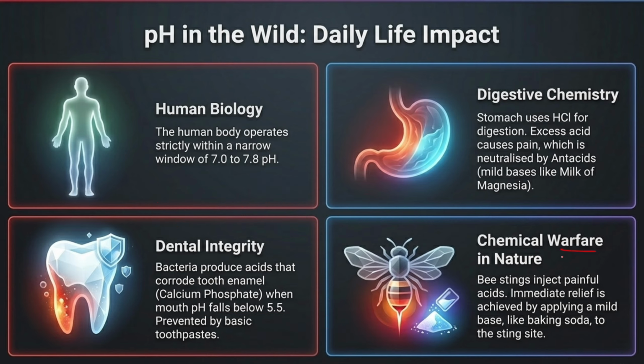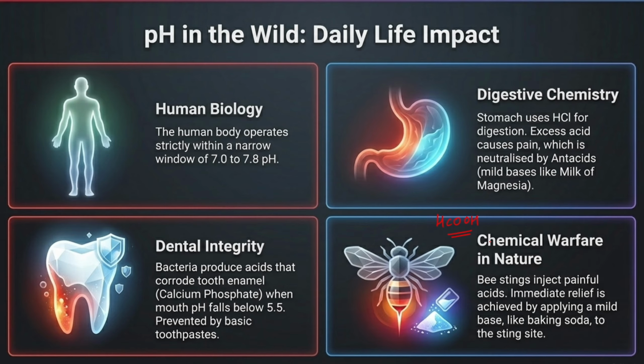And in this chemical warfare, we have nettle sting and bee sting. A bee sting injects a very harmful acid called methanoic acid, that we discussed in the first two slides, I think. It releases methanoic acid, HCOOH.